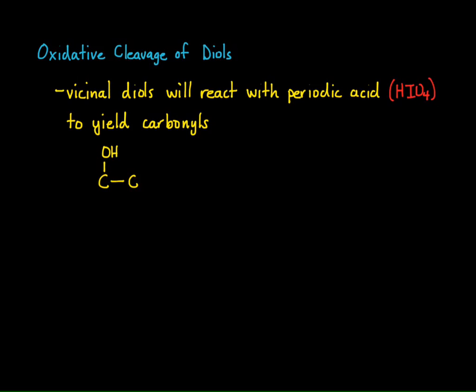So if I have a vicinal diol, which I know how to make from alkenes, if I take an alkene, treat it with osmium tetroxide or potassium permanganate, I generate vicinal diols. And then if I treat that vicinal diol with periodic acid, then I can generate carbonyl compounds.